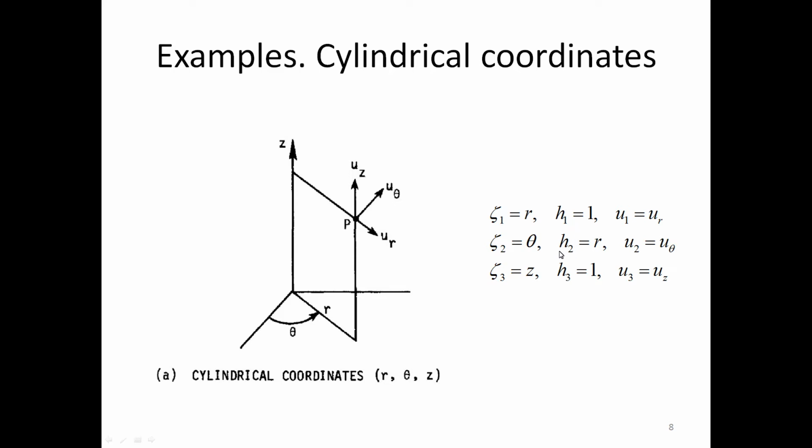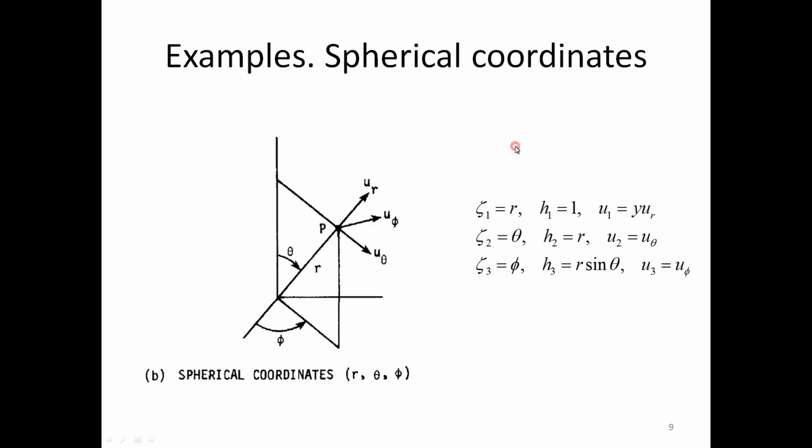Then spherical coordinates: Z1 equals r, Z2 equals theta, and Z3 equals phi. And we have the following expressions for h and u.